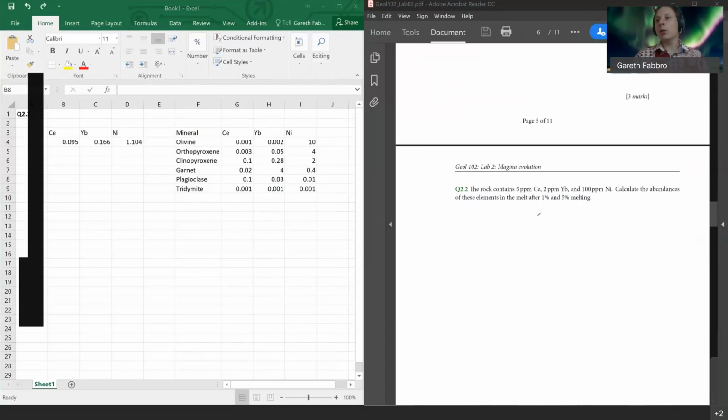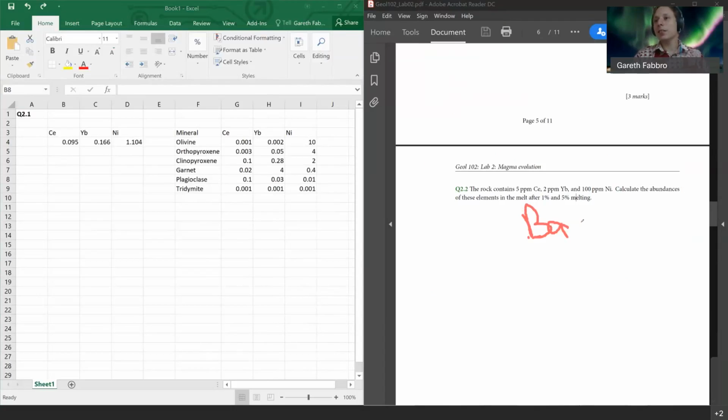But if you have the old one, remember it's batch marking.